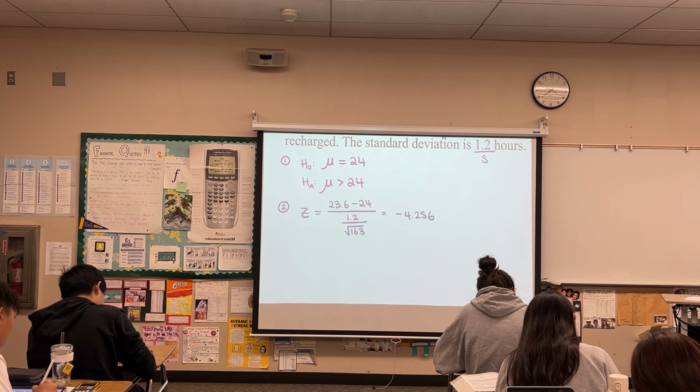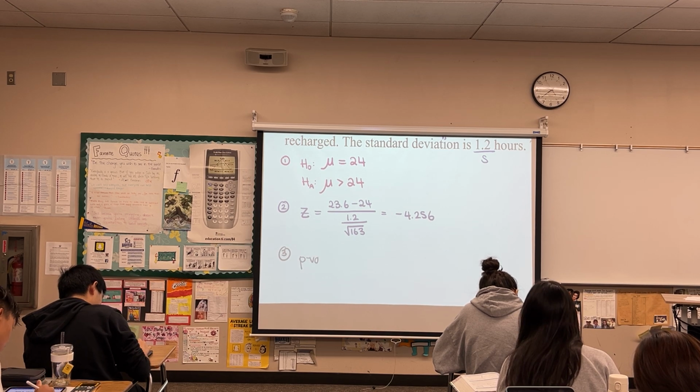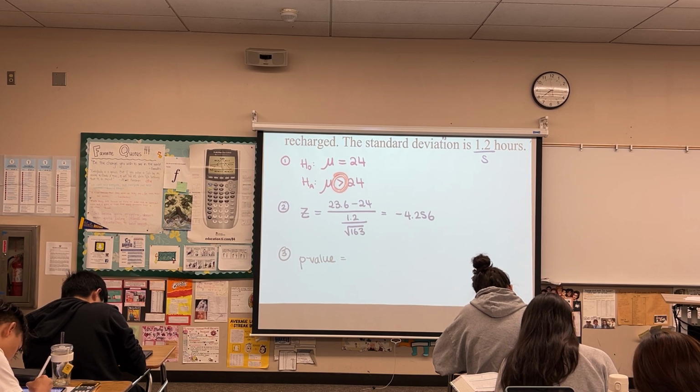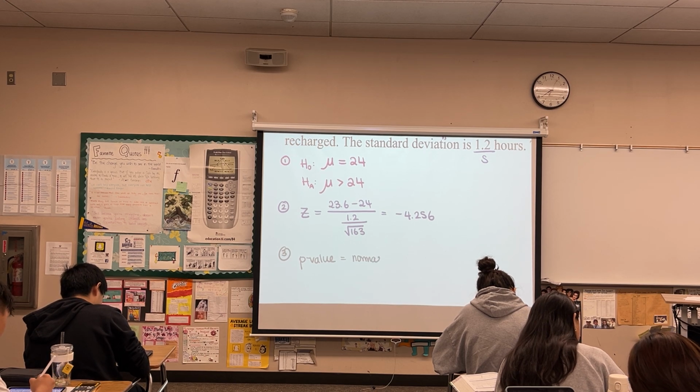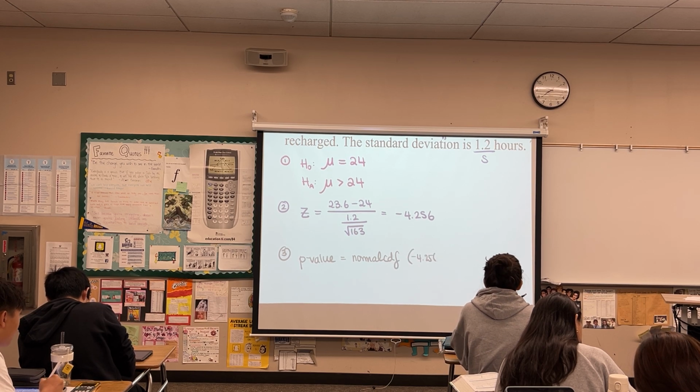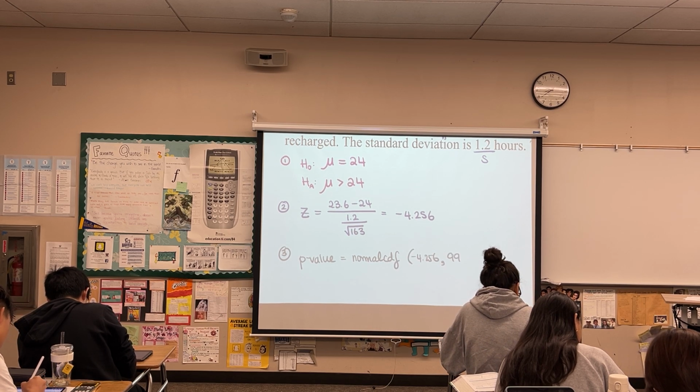Step 3 is finding that p-value. I'm going to look at this greater than, so I want to shade to the right of that. I'm going to do normal CDF, negative 4.256 to positive 999.01.